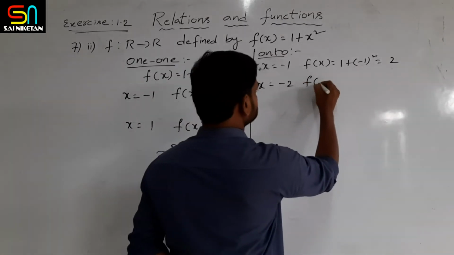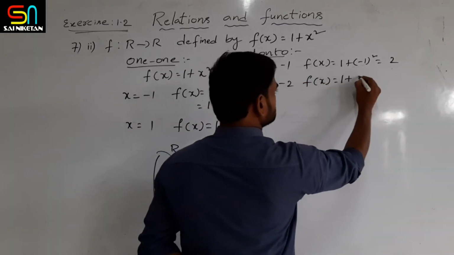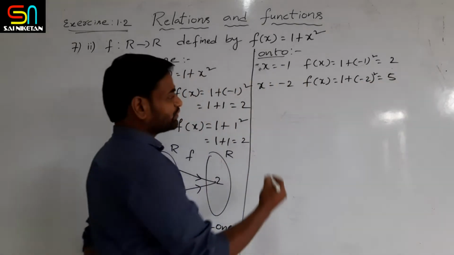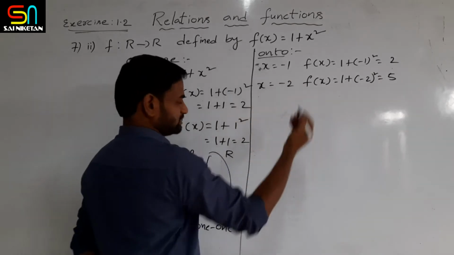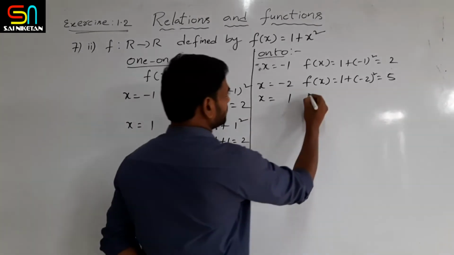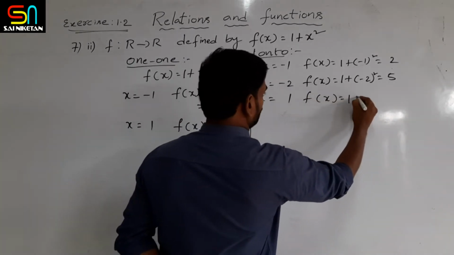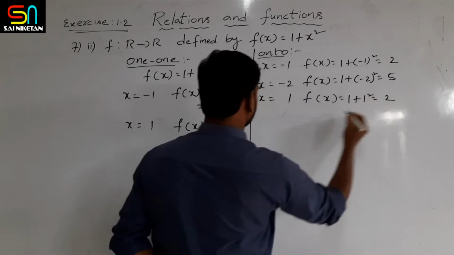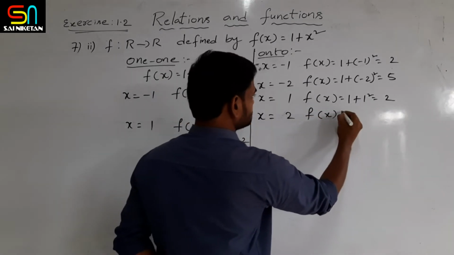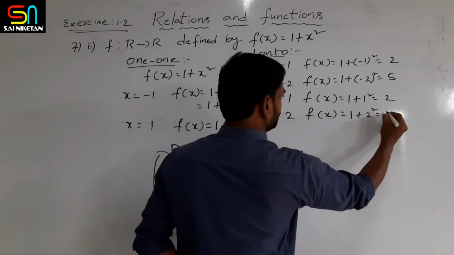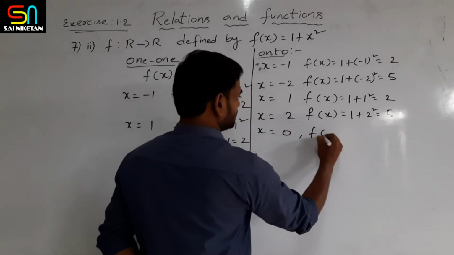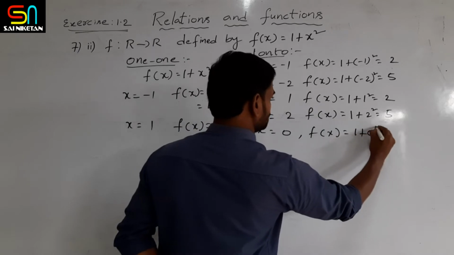Now f of x is 1 plus minus 2 whole square, that is 1 plus 4, it is 5. Suppose x value I am taking 1. f of x value is 1 plus 1 square, it is 2. Suppose x value I am taking 2. f of x is 1 plus 2 square, it is 5. Suppose I am taking x value 0 also. Then f of x is 1 plus 0 square, it is 1.